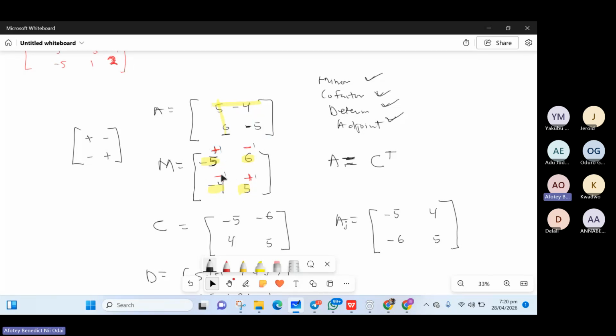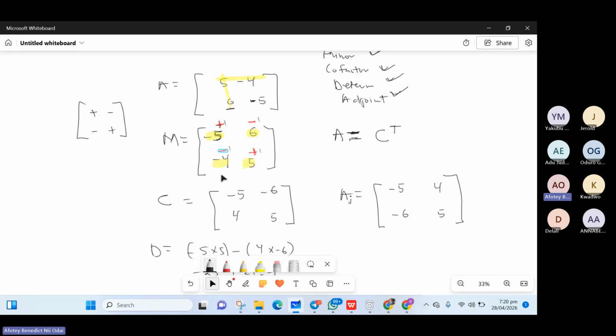Once you populate your table of minors, you use the formula -1 to the power i plus j. Or you can just use the table positive, negative, negative, positive for the 2 by 2 matrix, or positive, negative, positive, negative, positive, negative, in that order.